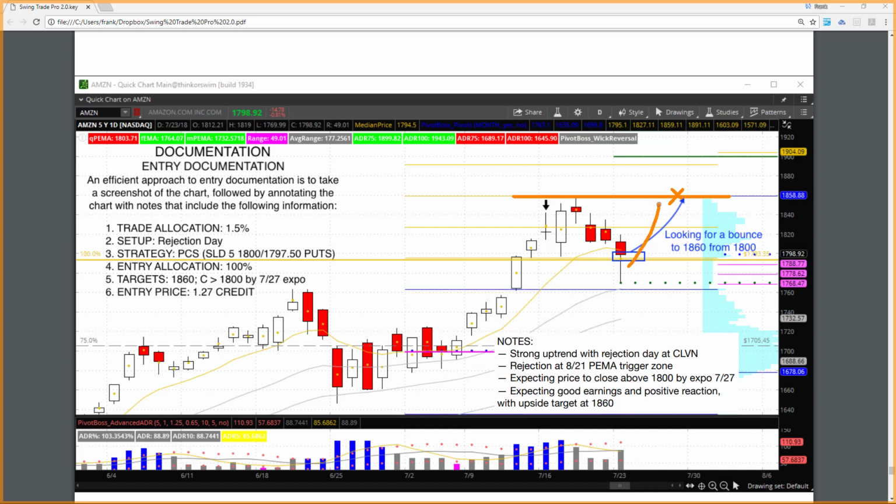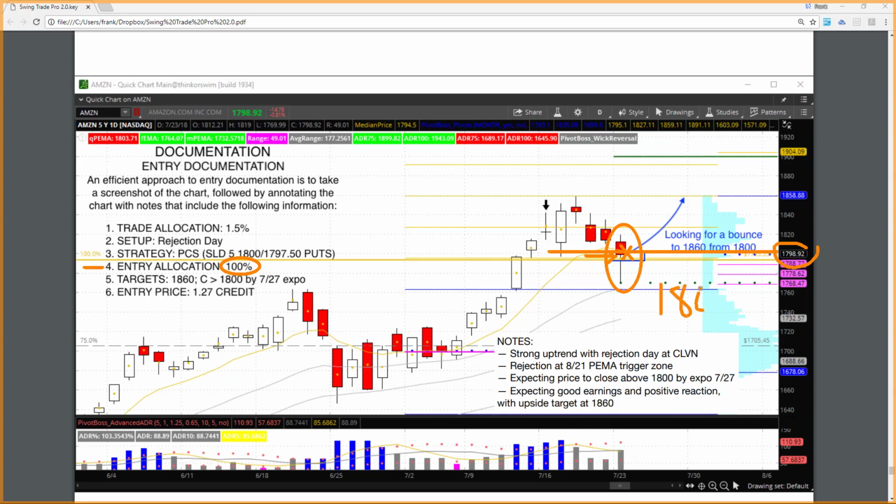So as soon as that thing were to pop up there, that's a great time to take that off the table. Now, in this case, the entry allocation was 100%. I got in 100% of the trade right here, right where we're at. This isn't the end of the day, but as a matter of fact, this is right when I entered the trade. It was about 1798, and I entered a slightly out of the money put credit spread.